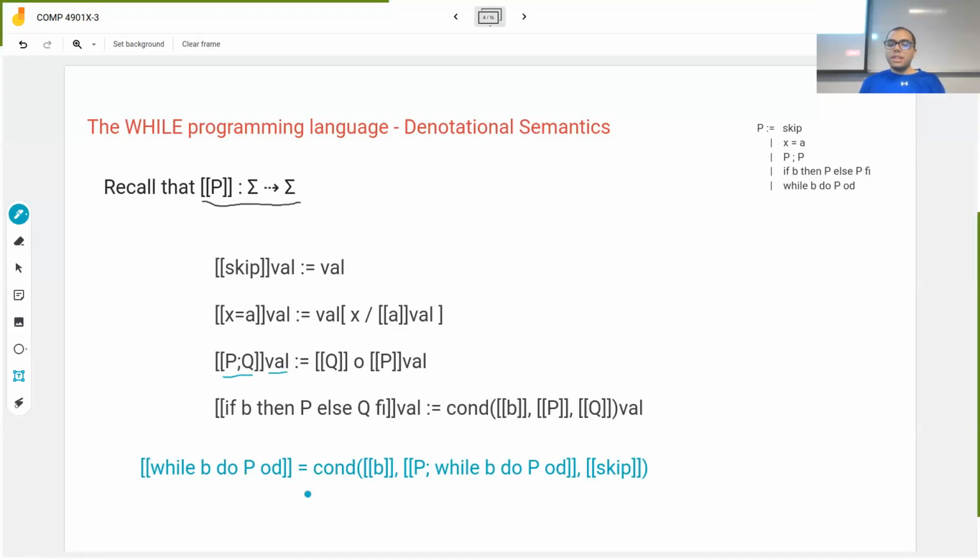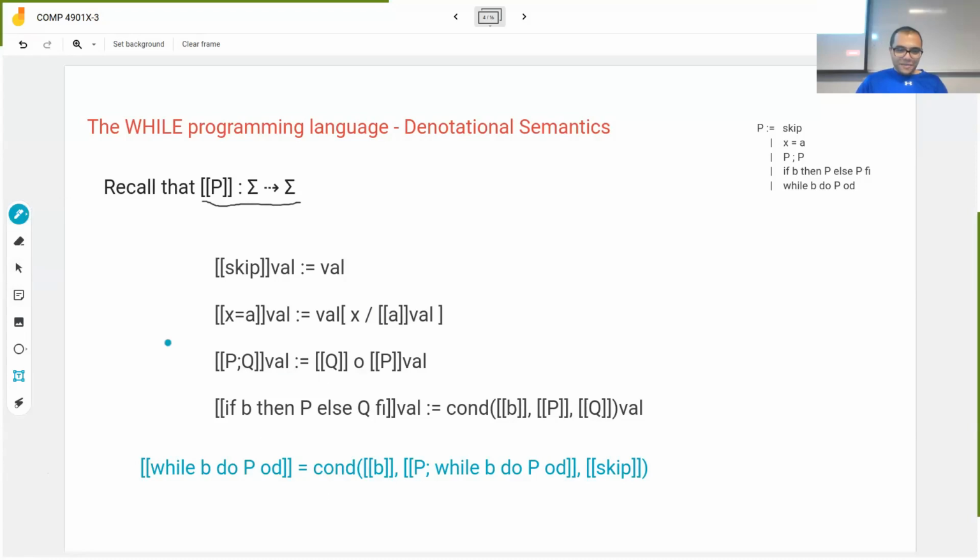So what am I doing? I'm first applying P, and then I'm applying Q. But I said that the meaning of P is just a function, and the meaning of Q is also a function. So first applying P and then applying Q is the same as applying Q∘P, right? The meaning of Q after the meaning of P. Or well, if you're very much used to functional programming, you will not really put an ∘ there, right?